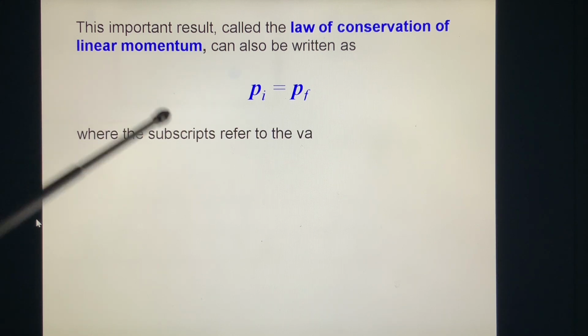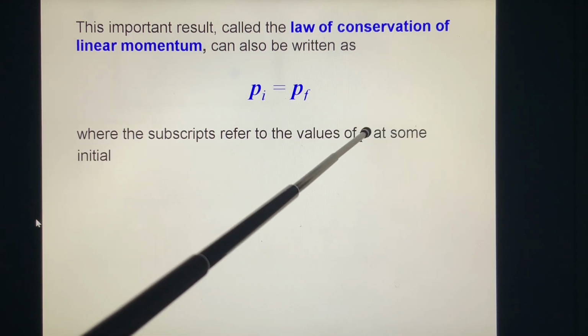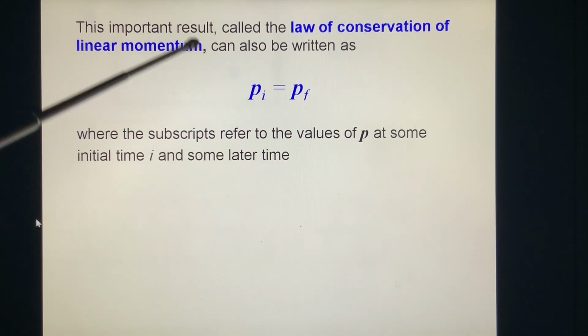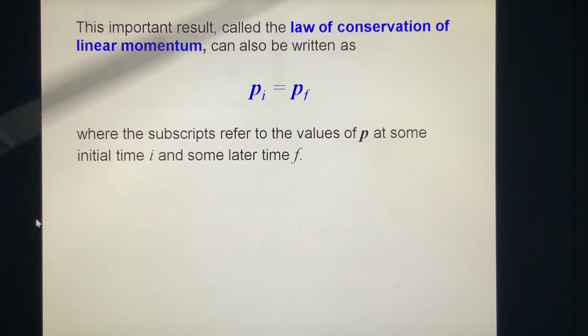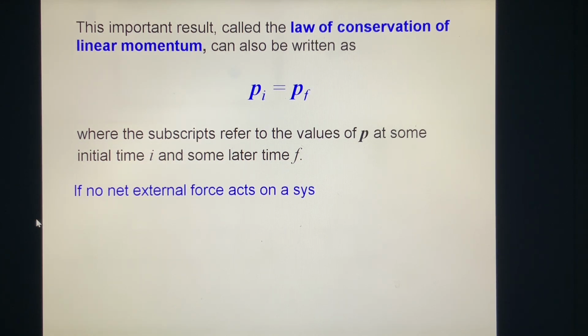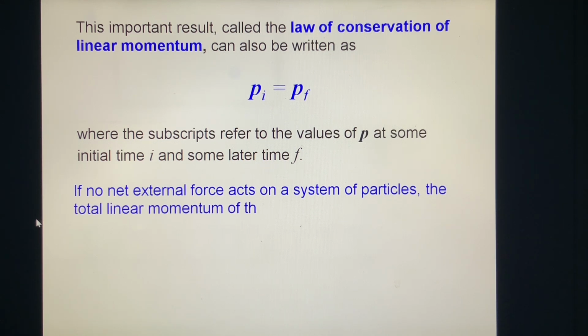Here the subscripts refer to the value of P at some initial time i and some later time f. If no net external force acts on a system of particles, the total linear momentum of the system cannot change.